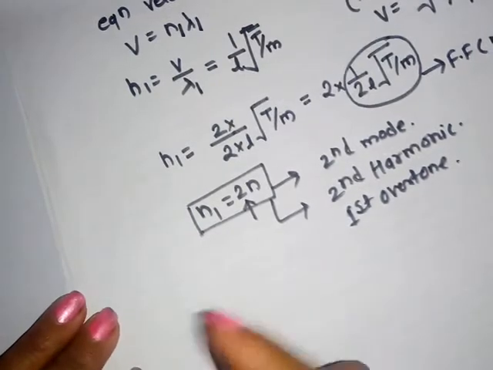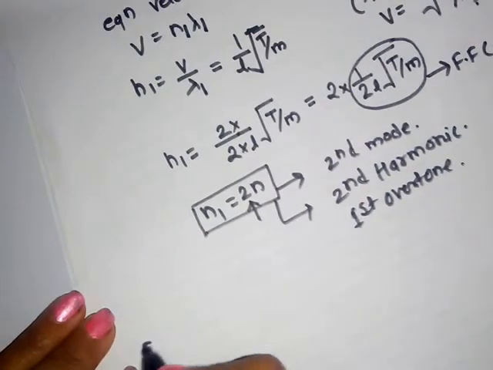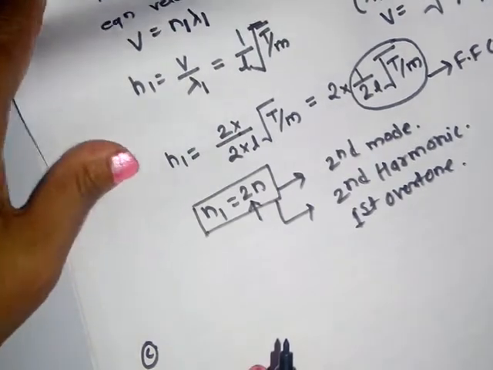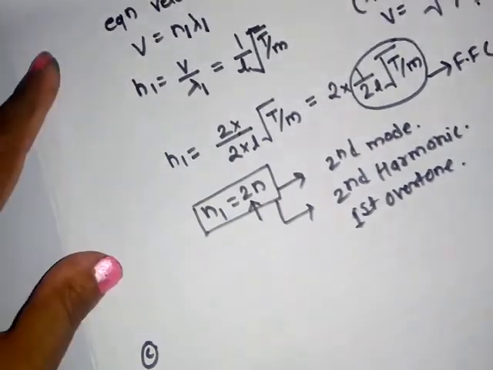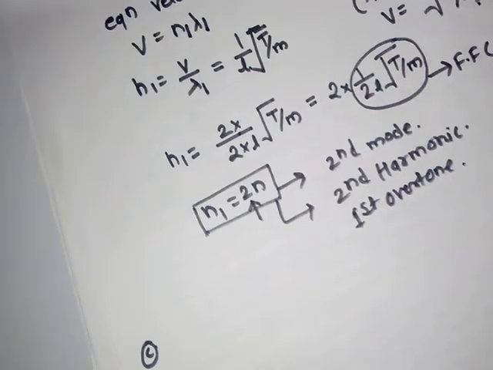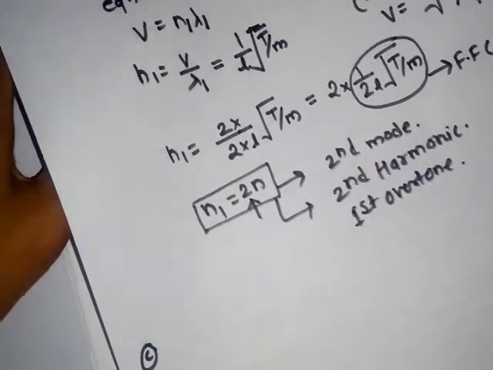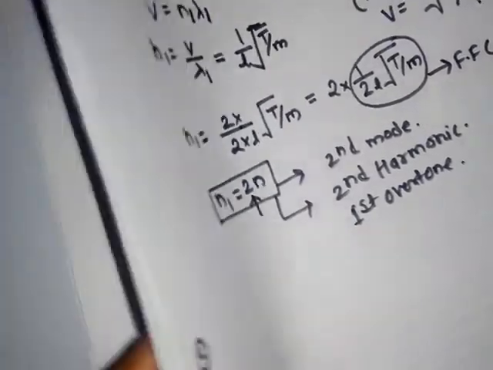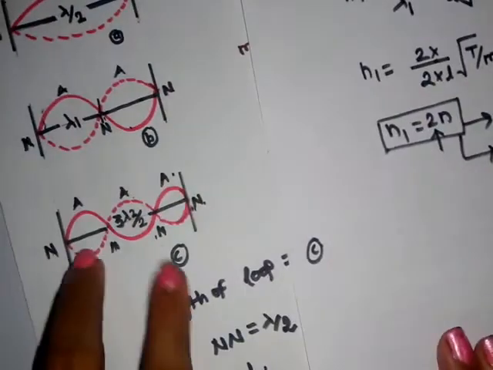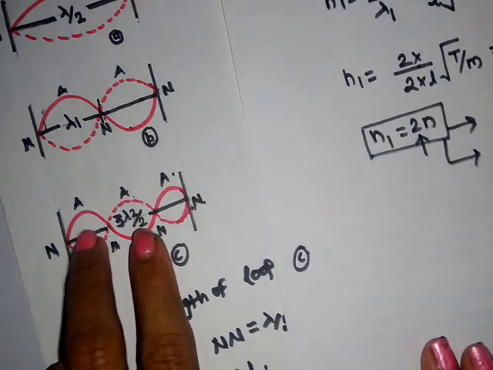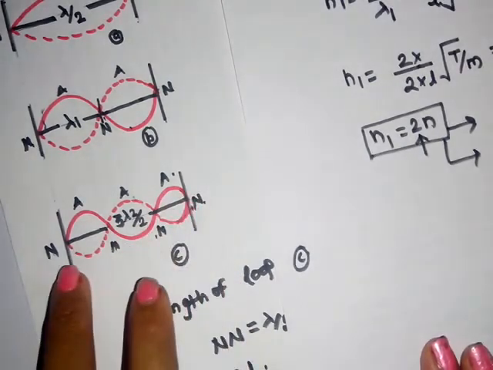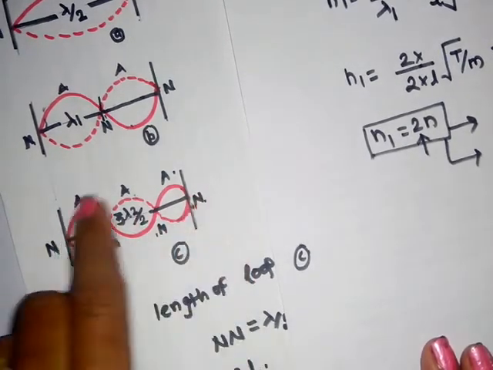Now for the next mode of vibration, in case of the third mode, there are 3 loops formed, meaning 4 nodes and 3 antinodes.